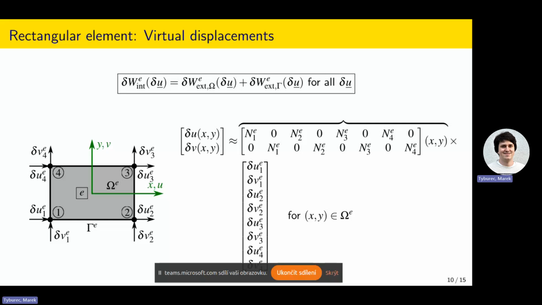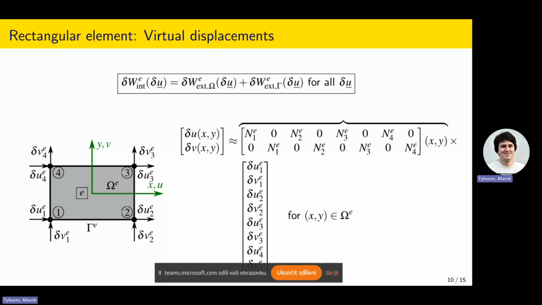So what does it mean? If we multiply this, you would have a sum.